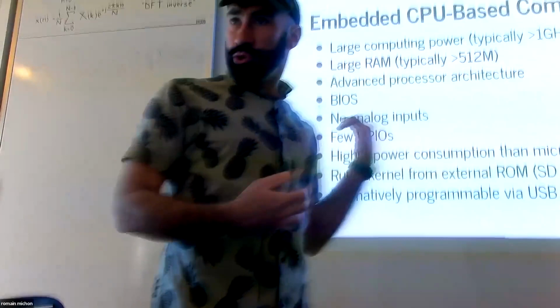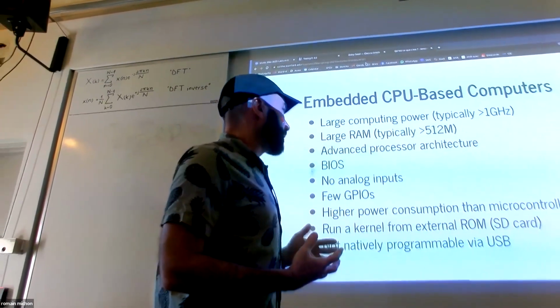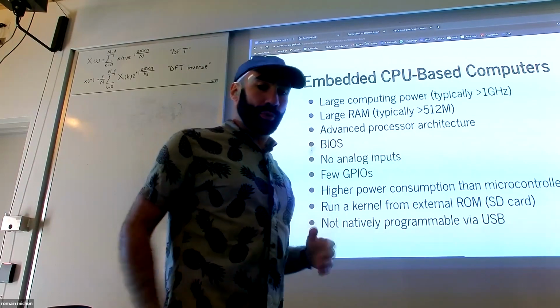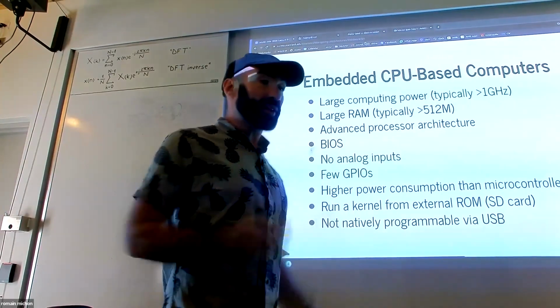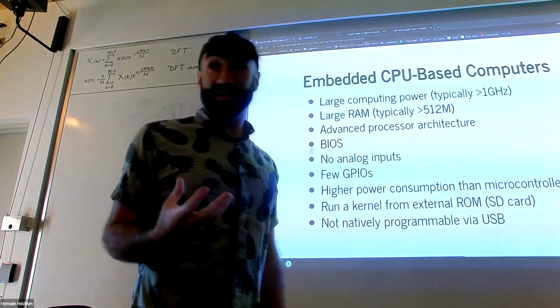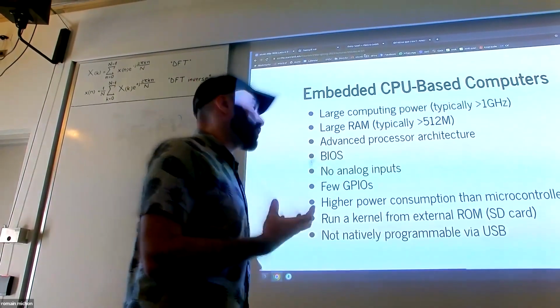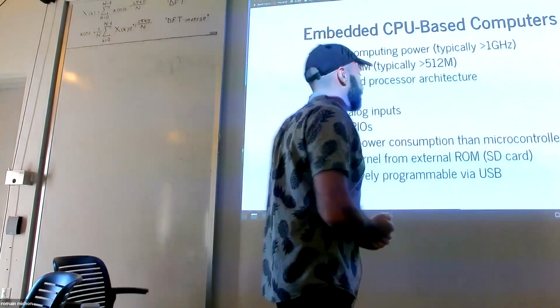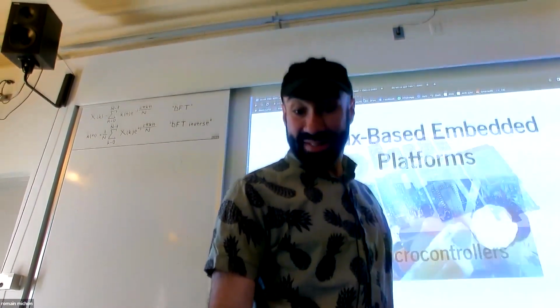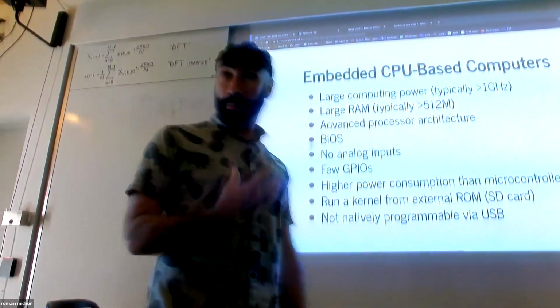Okay, so why would you do this? You would do this because you can benefit from using a super powerful platform without having its disadvantages, basically. The main disadvantage of Linux-based systems is that they're slow because of the operating system.